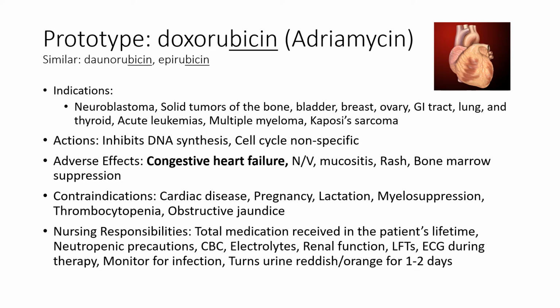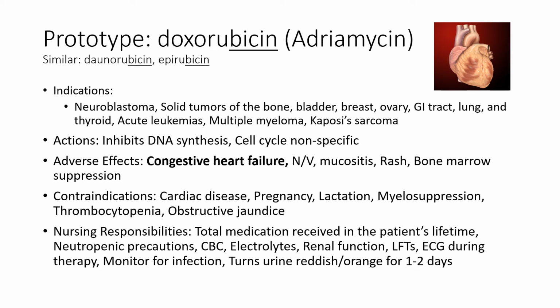Okay. Now, it'll also cause all the other things that we've spoken of before: the nausea, vomiting, the oral ulcers, bone marrow suppression. So significant bone marrow suppression with doxorubicin or bleomycin. So we'll definitely want to monitor for neutropenia 7 to 10 days later.